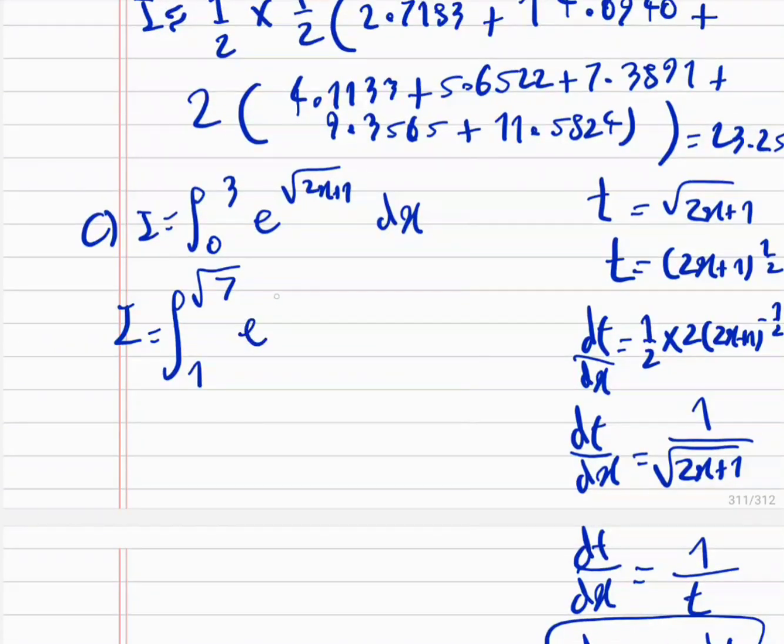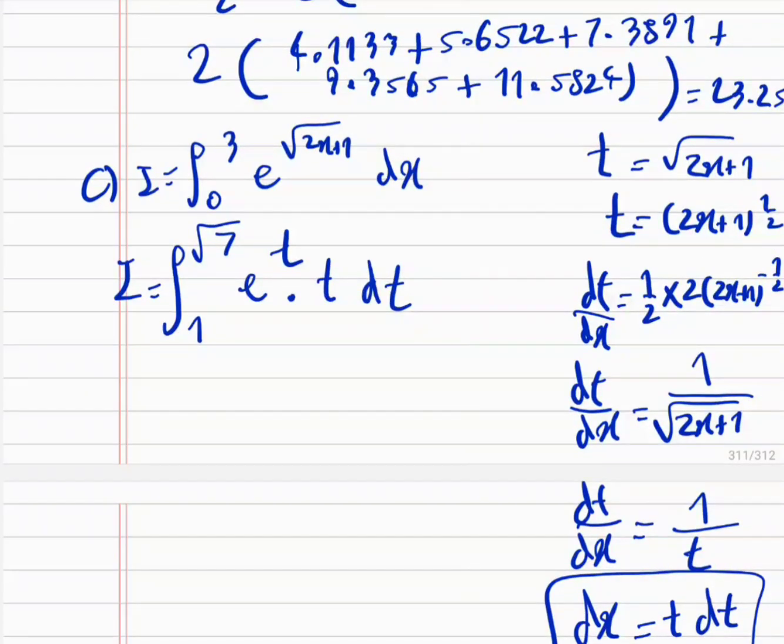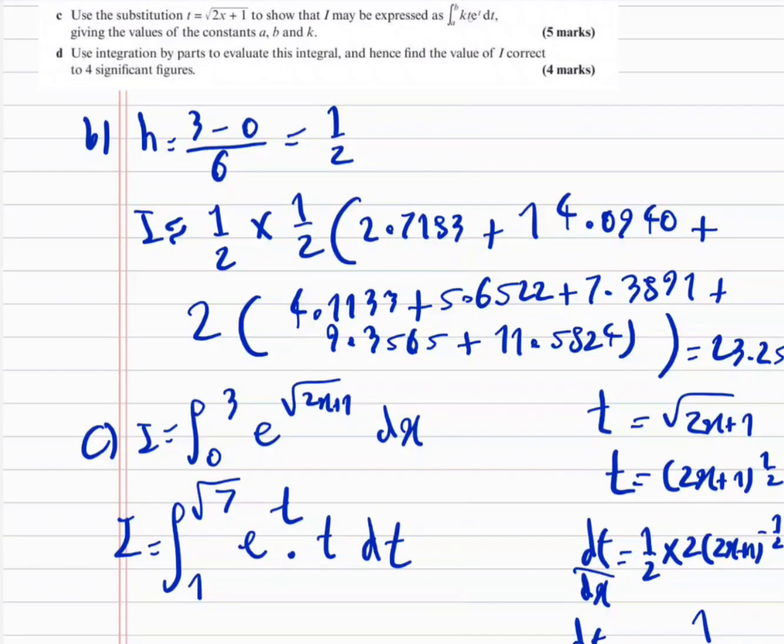So we have e to the power of t times dx. Remember that dx is t dt. And this is exactly what we wanted to get, because this is in the form k. K in this case is just equal to 1, then t e to the t dt, and then the bounds.